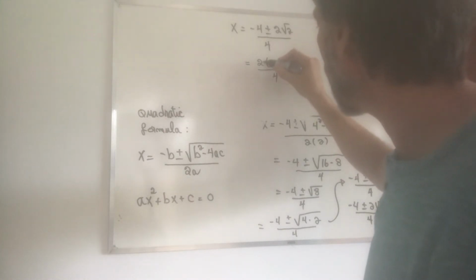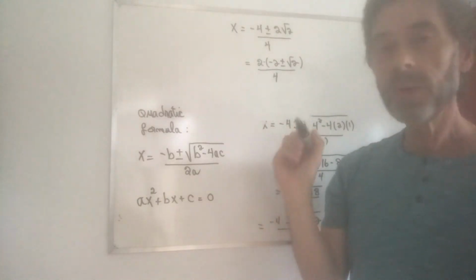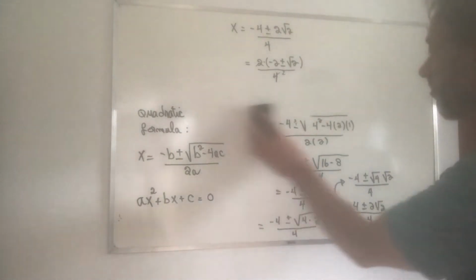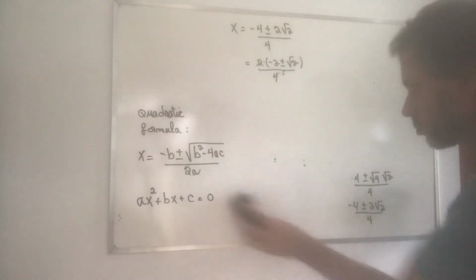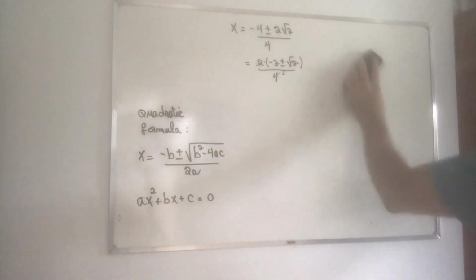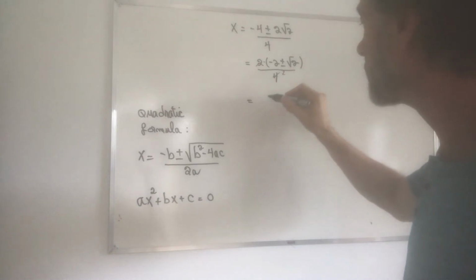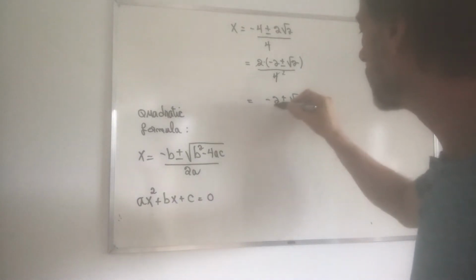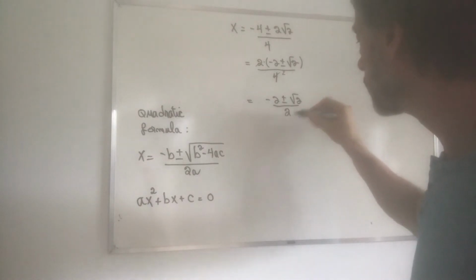And now there's a multiplication between the 2 and the 4. These two can go. And that will give me my two final answers: minus 2 plus or minus root 2 over 2.